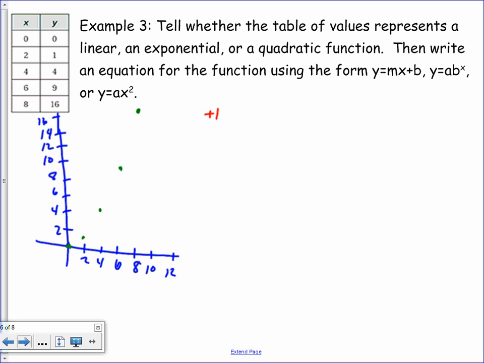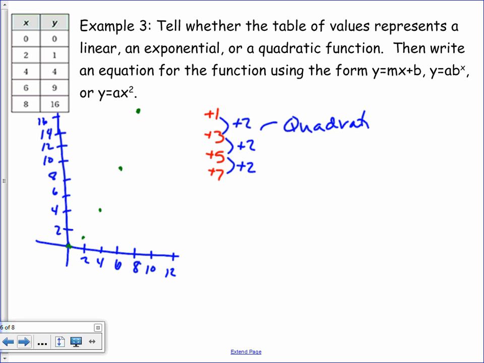To get from 1 to 4, I'm adding 3. To get from 4 to 9, I'm adding 5. And 9 to 16, I'm adding 7. Okay, so we can see there it's not going to be exponential. And now from 1 to 3, I'm adding 2. 3 to 5, 2, 5 to 7, 2. So since the second set of differences is constant, this is a quadratic function.